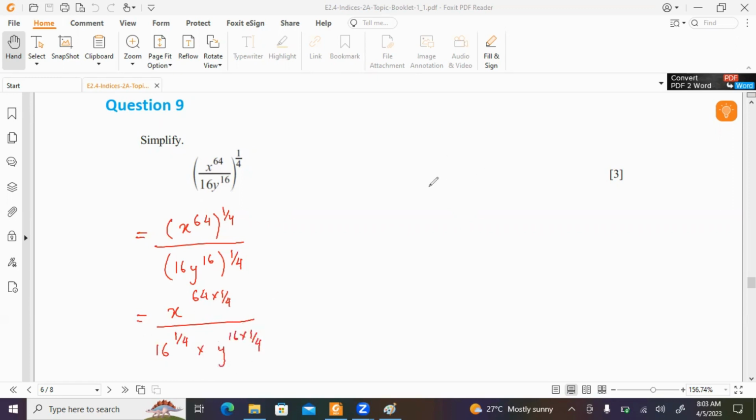This is similar to the previous question. 64 divided by 4 would give us 16. And this would be once again 2 to the power of 4, whole power of 1 over 4, times y to the power of 4. So x to the power of 16 over 2y to the power of 4.